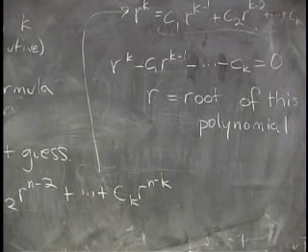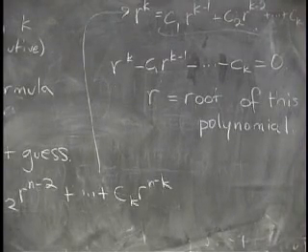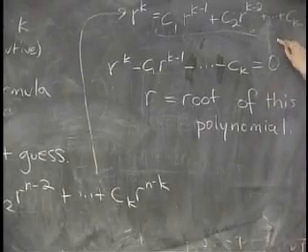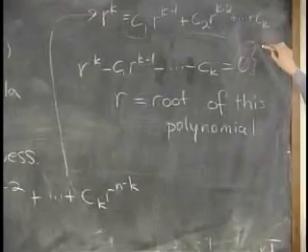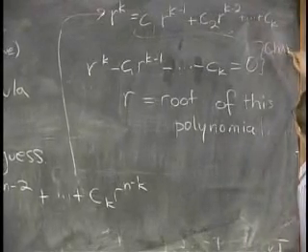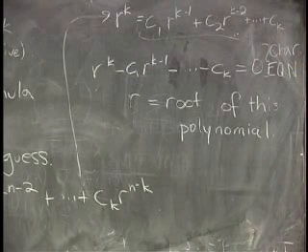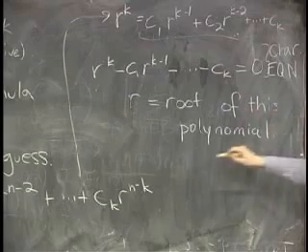Maybe let's do an example and we'll see why. But first I should tell you, this guy is called the characteristic equation associated to our recurrence relation, and the roots are the characteristic roots.